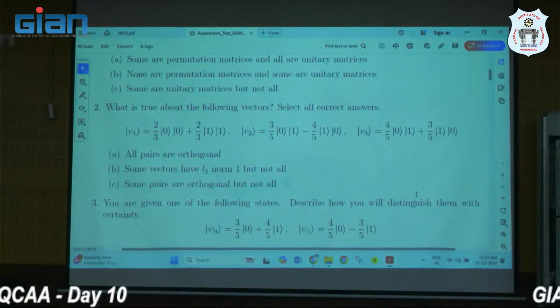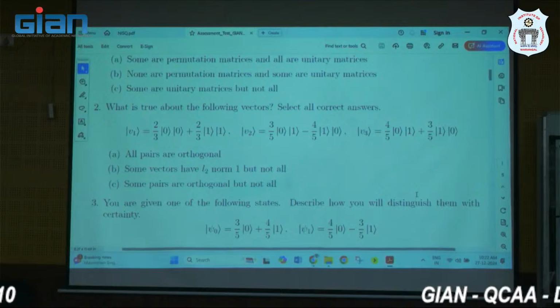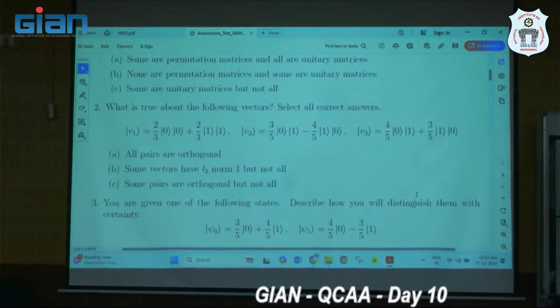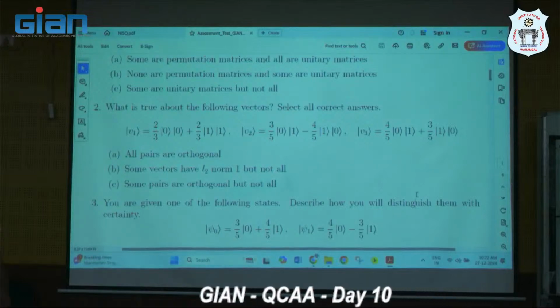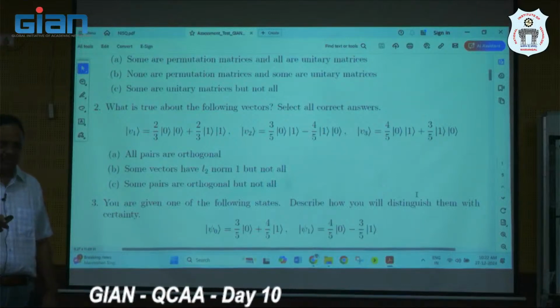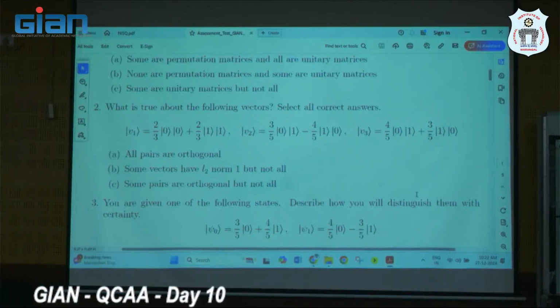What is the inner product of V1, V2? Then what is it? V2, V3 is not orthogonal. What is the inner product?